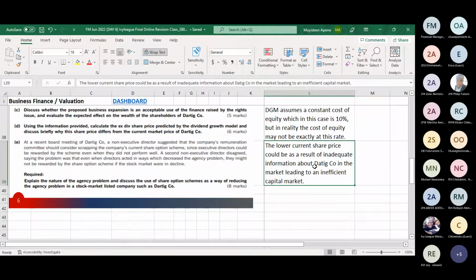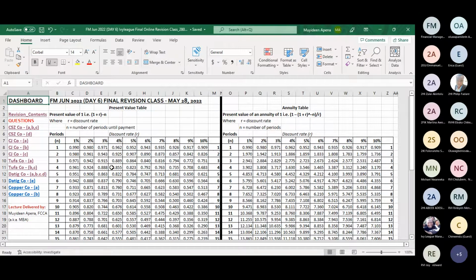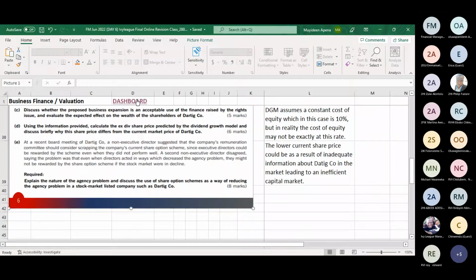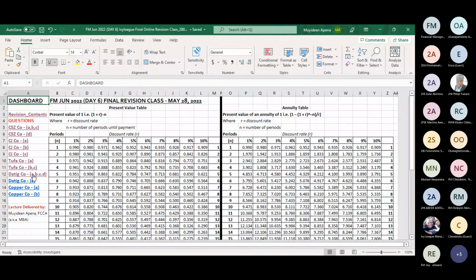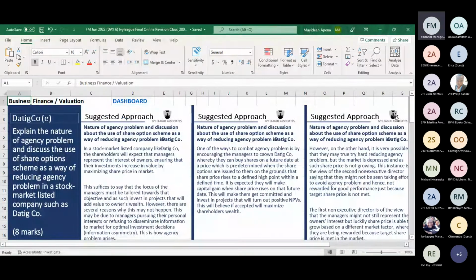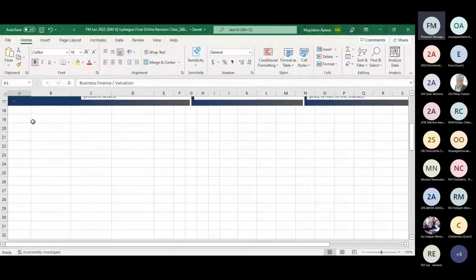All right, so the E part has also been given to you. This is talking about a scenario, to say you should explain the nature of the agency problem and discuss the use of share option schemes as a way of reducing agency problem in a stock market listed company such as Datico. So there's a scenario around this. What is the scenario about?